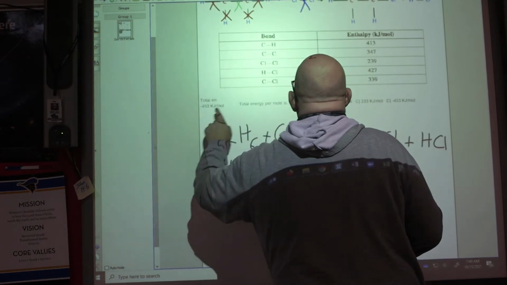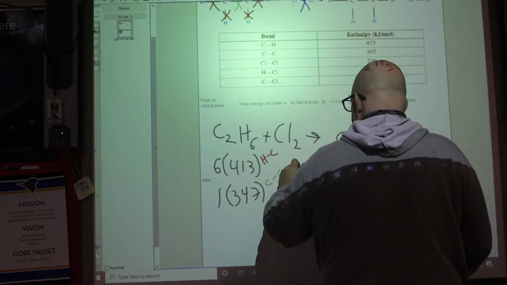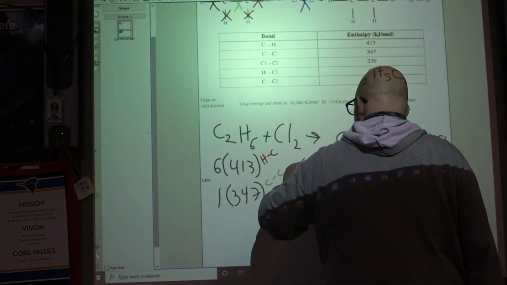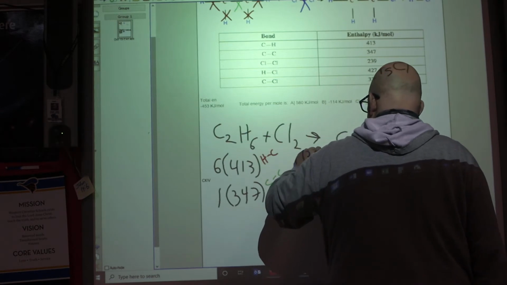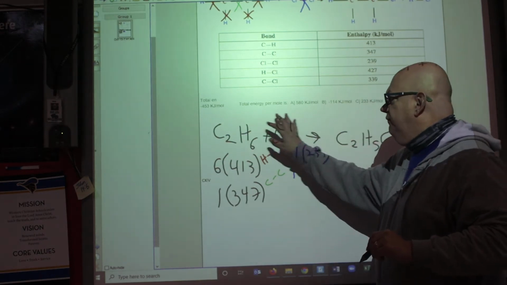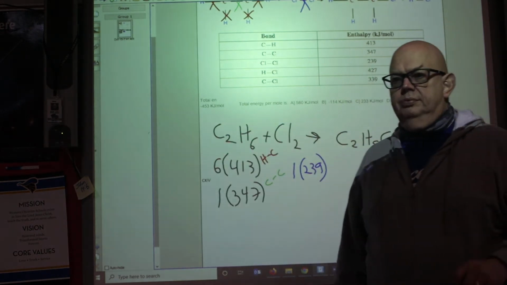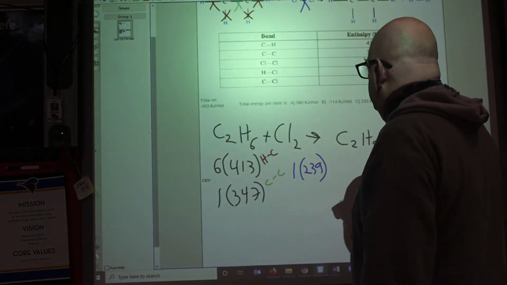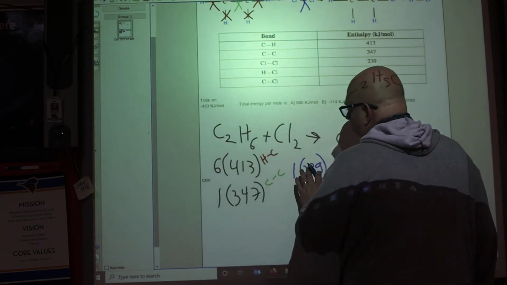The value of the Cl-Cl bond is 239, so I've got 1 times 239. This is the energies that are involved in being broken up.